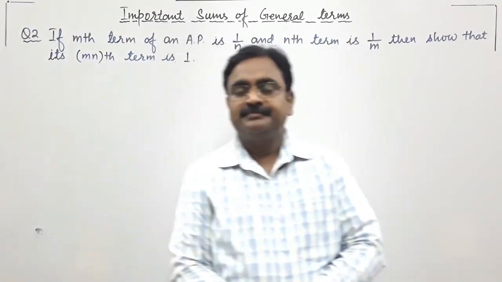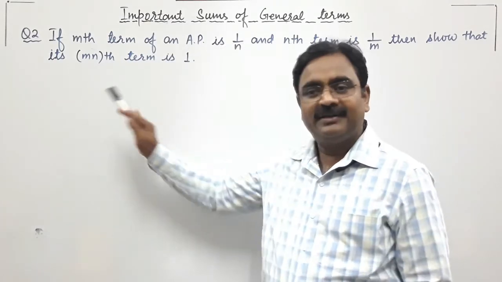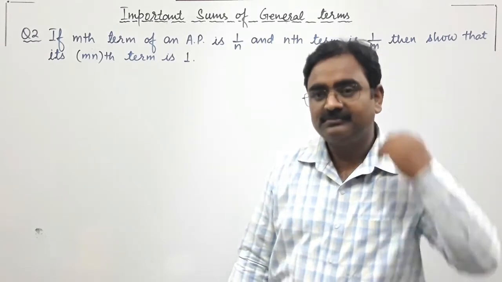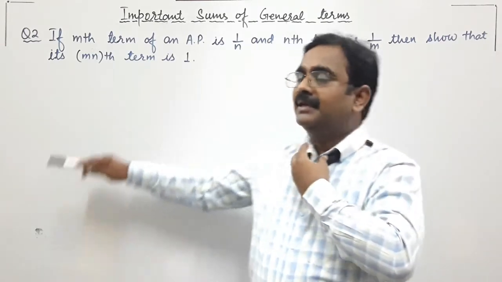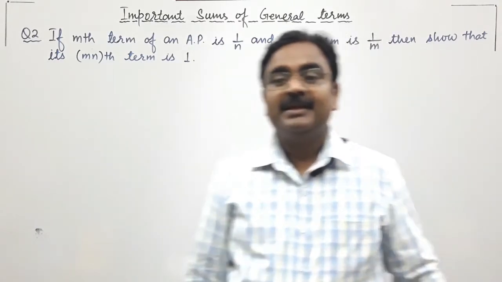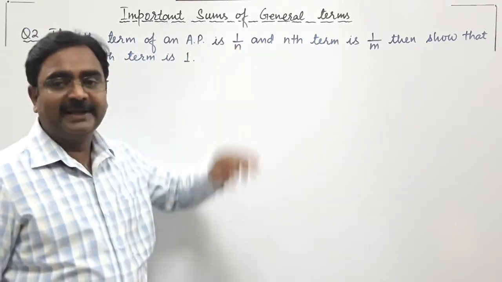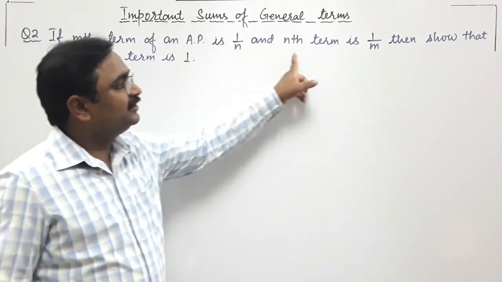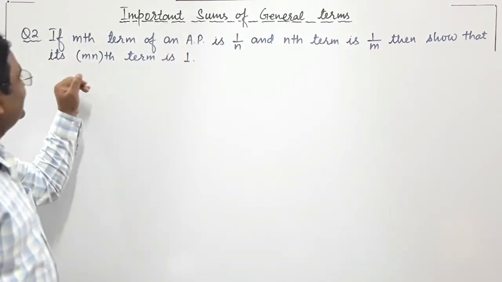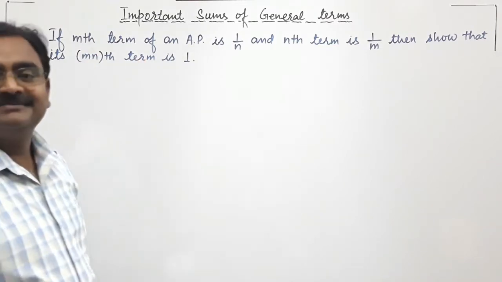Okay friends, so see the second question related to general term of that arithmetic progression, right? So in this the second question is given, if mth term of an AP is 1 upon n and nth term is 1 upon m, then prove that mn into nth term is 1.